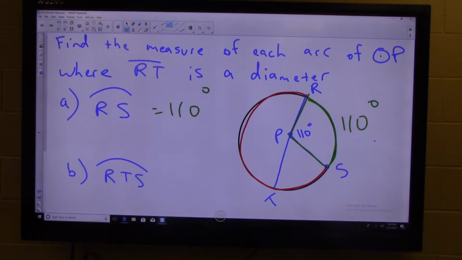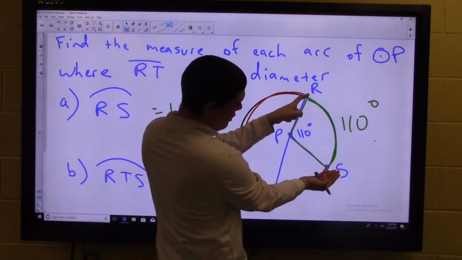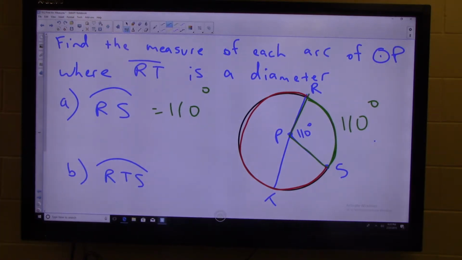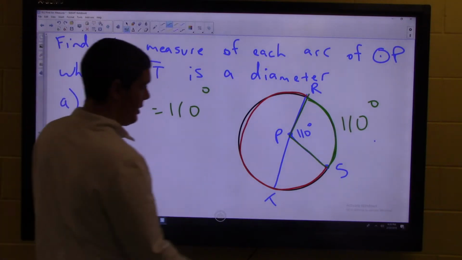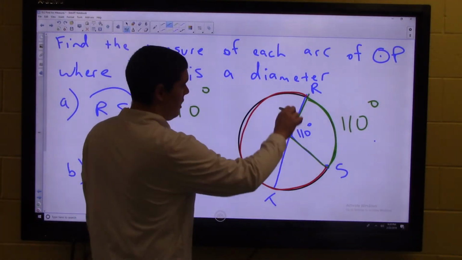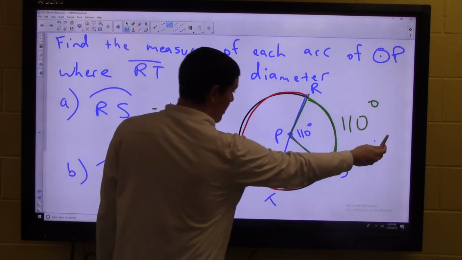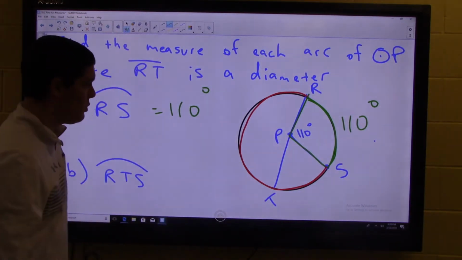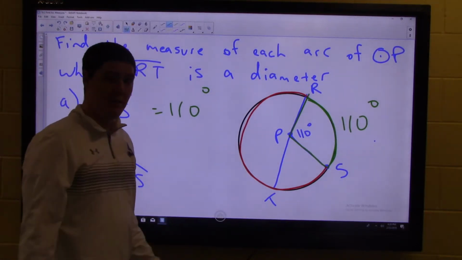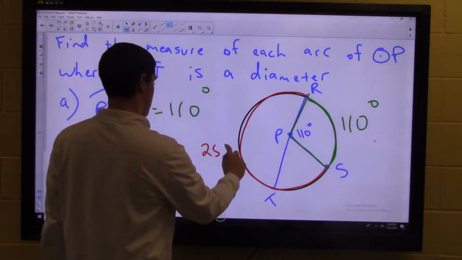If we know the arc from R to S, the one in green, is 110, then just like we've already talked about, the way we can find the major arc is, there's 360 degrees in a circle. That doesn't change. Take 360 minus what we already have. So what is 360 minus 110? The answer is, I'm just doing it in my head, 250, I think. So that'd be 250 degrees.